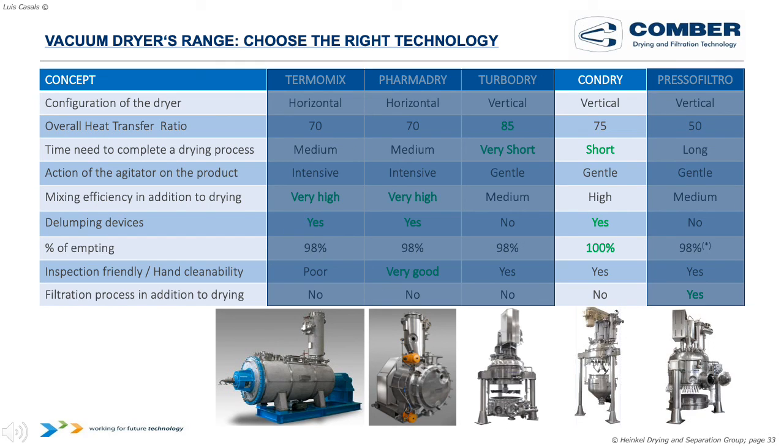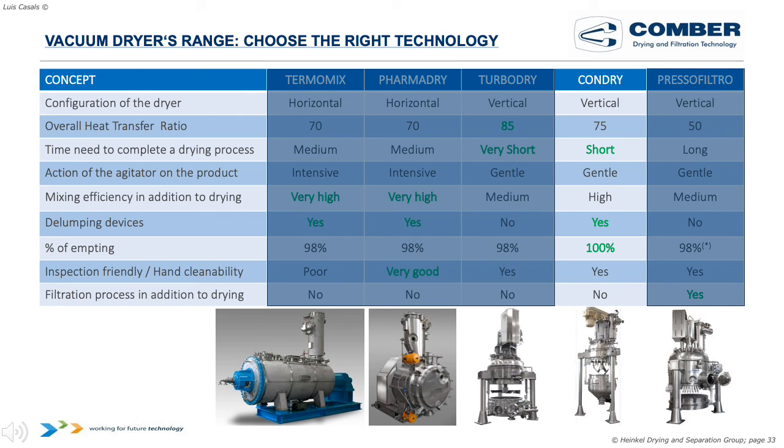The fourth one is the Con Dry. The main difference between Con Dry and all other options is the percentage of emptying. Con Dry is the only vacuum dryer with a conical bottom, and for this reason it is the only vacuum dryer where we can avoid the final residual heel, and so we improve significantly the percentage of emptying.